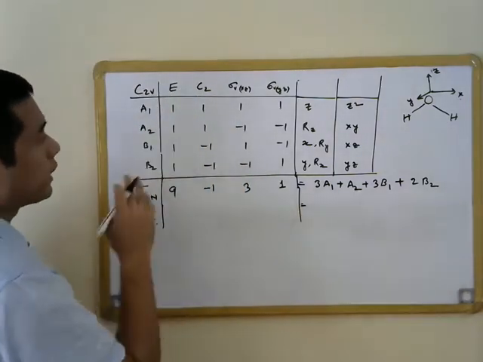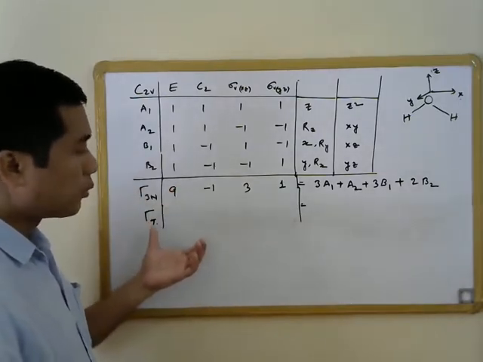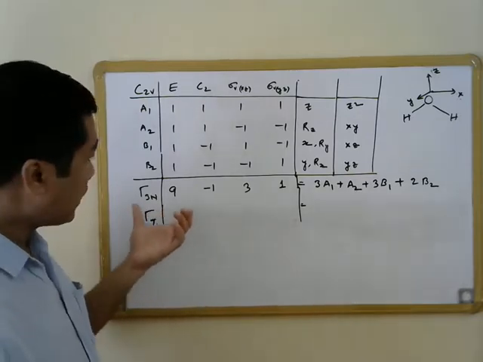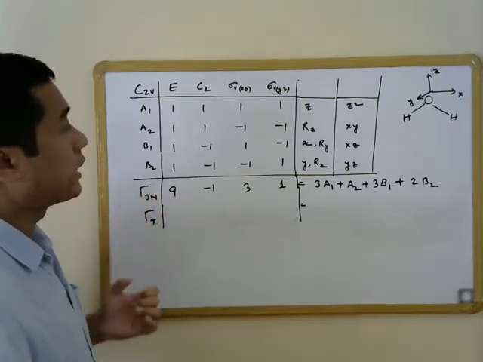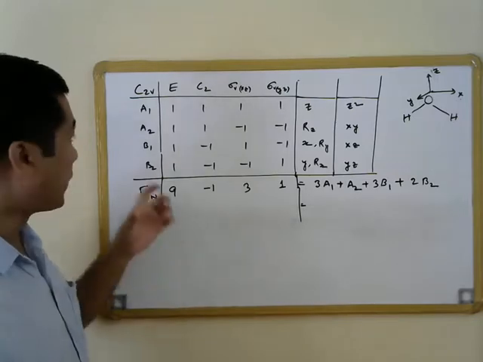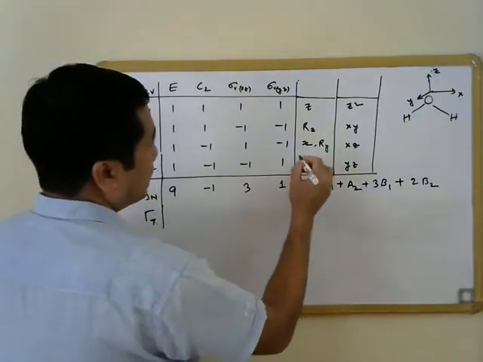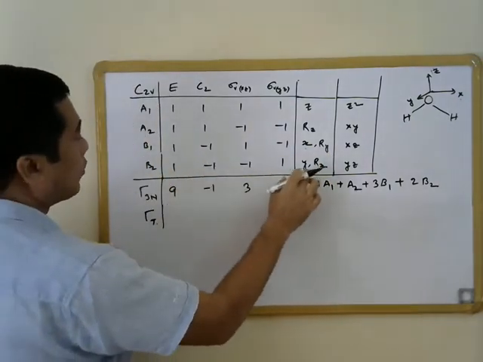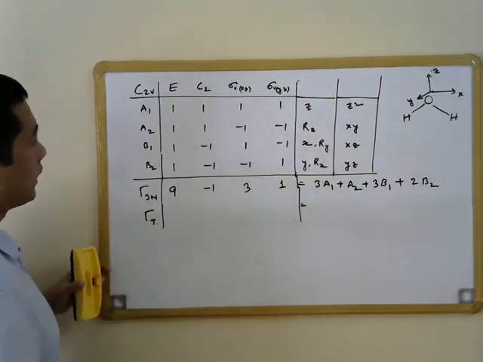we can just look at the character table and write the symmetry of the translational modes, that is the irreducible components of the reducible representation if you take the translational modes as the basis, as well as the character of this reducible representation, that is gamma t, by looking at the character table itself. So we know that translation along x has B1 symmetry, translation along y has B2 symmetry, and translation along z has A1 symmetry.